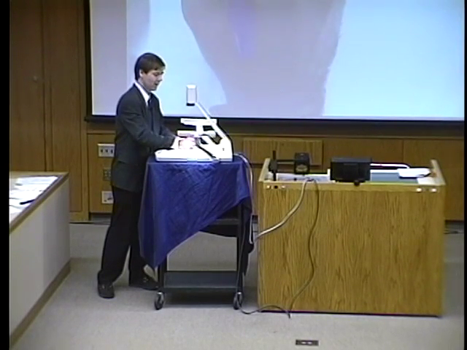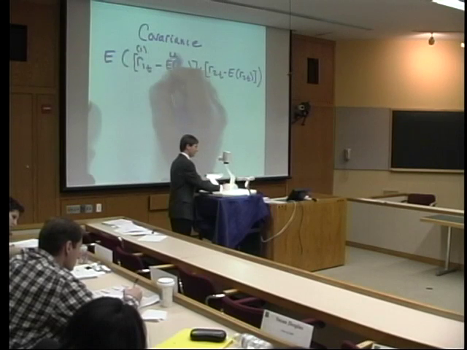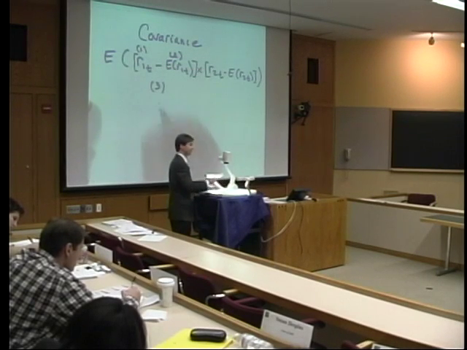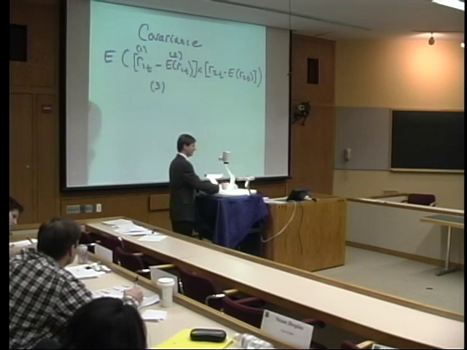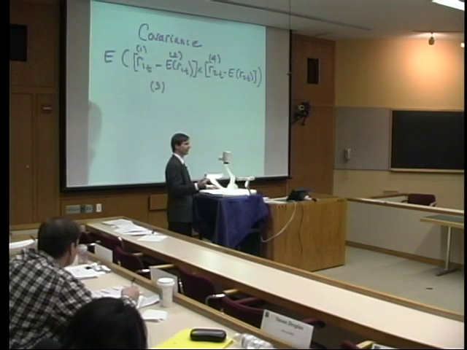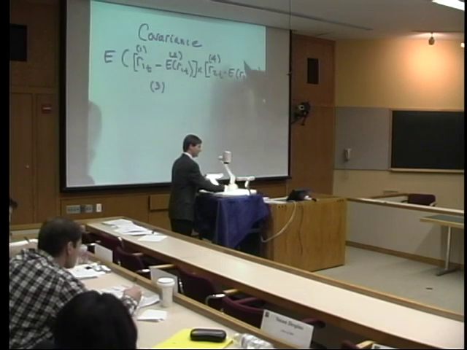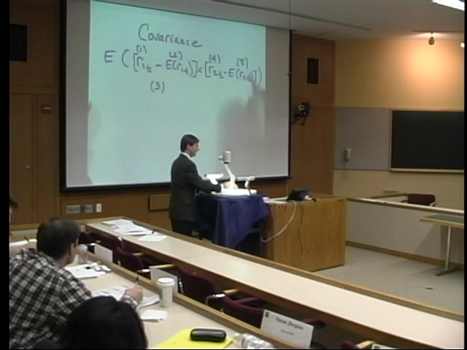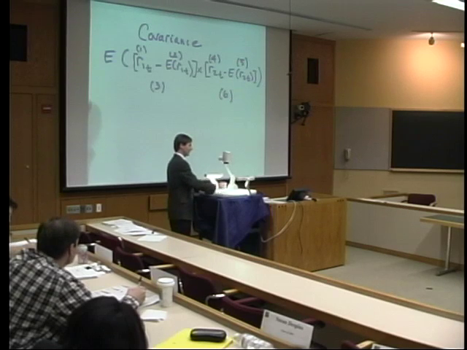In column 4, we've got our second asset return, and in column 5, we've got the mean of that return, again the same number in every single row. Then we take the difference, and that's column 6. Then we just multiply columns 3 and 6 and take the average.